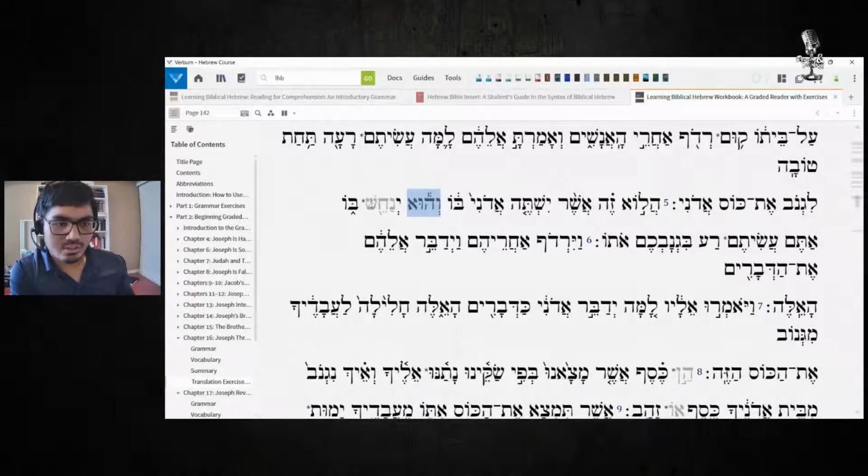So yenachesh is to do divination. Notice that it's very similar to the word for snake. Hebrew has some interesting little things like that. You have done evil in what you have done.